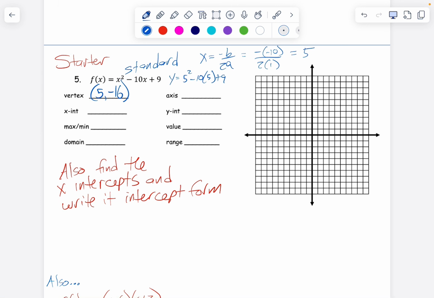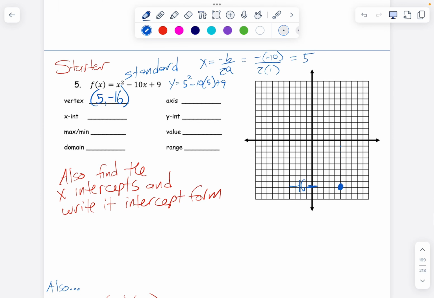And just graphing this, I'm going to go by 2. So 2, 4, 6, 8, 10, 12, 14, 16. So I'm going to put my vertex right there and go by 2s on the y-axis only. Okay. Does this open up or down? Opens up. Is it stretched or compressed at all?